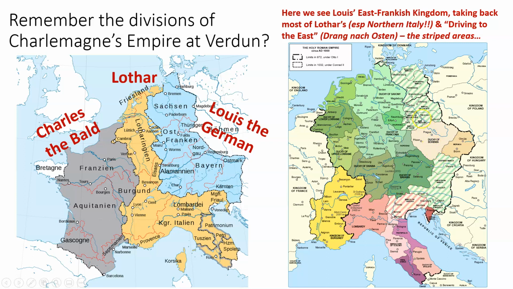My German's not great, sorry about that, which means the driving into the east. That is a long-standing habit from the beginning of the Holy Roman Empire until all the way until, let's face it, in the 1930s and 40s when Hitler was pushing eastward.